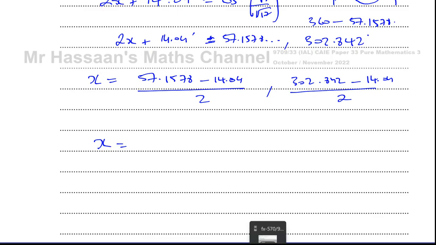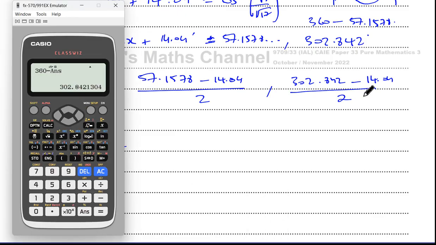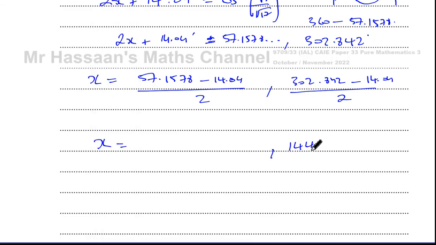So we'll take the calculator. I've already got this in my calculator, so I'll take away 14.04 and divide by 2. That gives me 144.401.